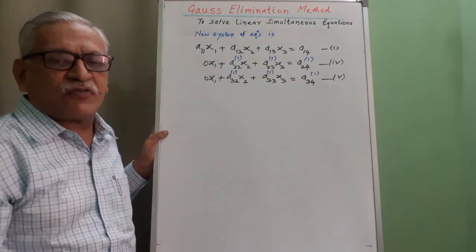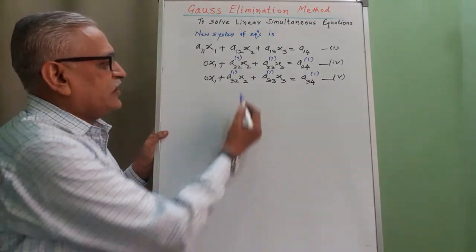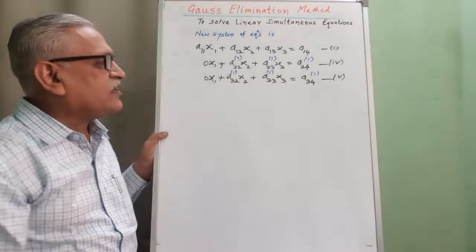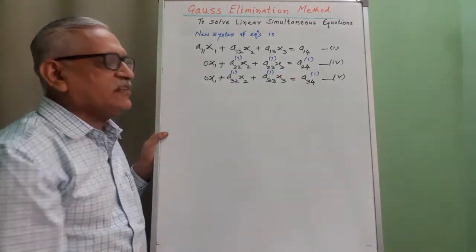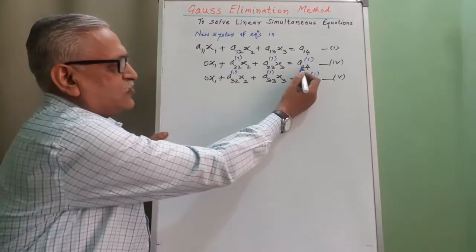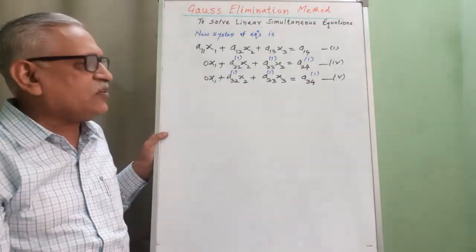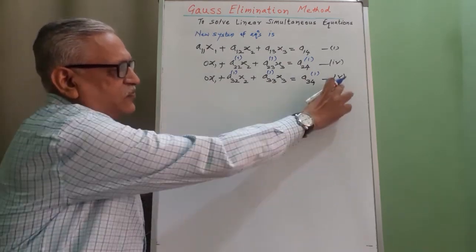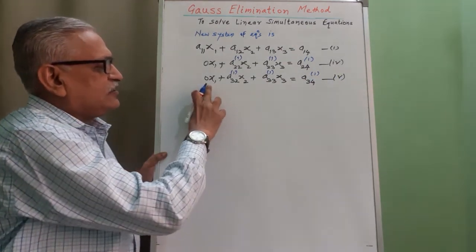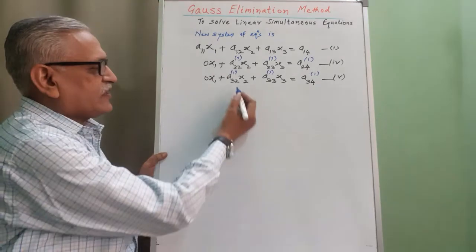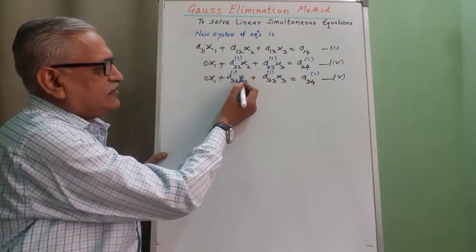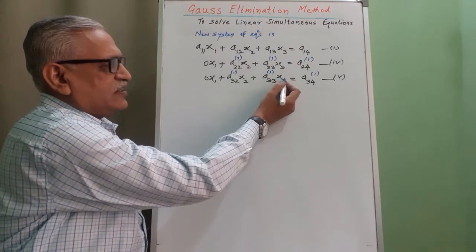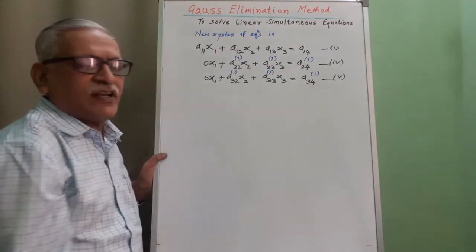a22(1) means the first approximation for a22 into x2, a23(1) means first approximation of a23 into x3 is equal to a24(1), first approximation for a24, and equation third is converted to equation fifth as 0x1, x1 is eliminated, a32(1) x2, a33(1) x3 is equal to a34(1).